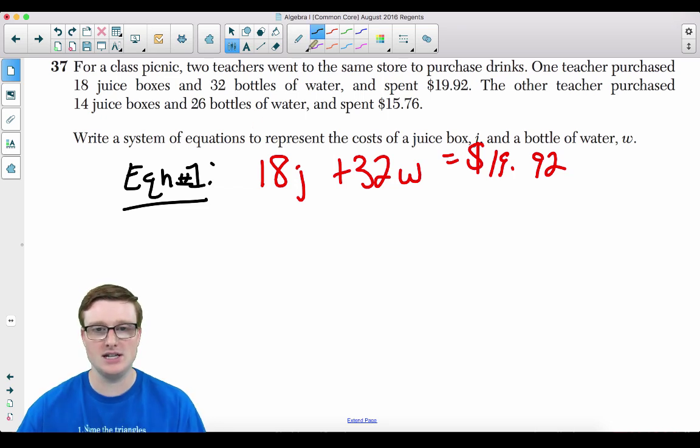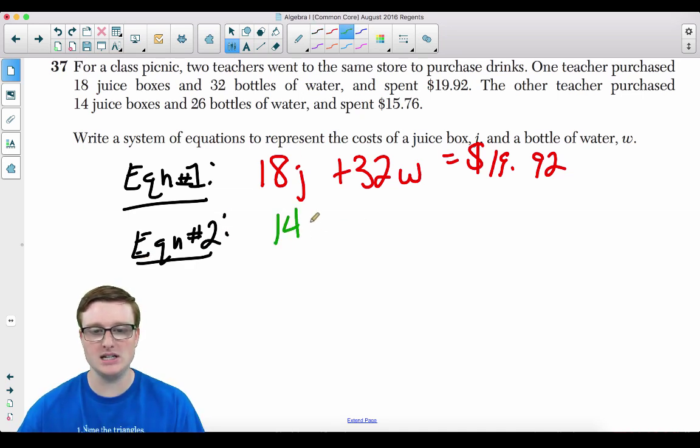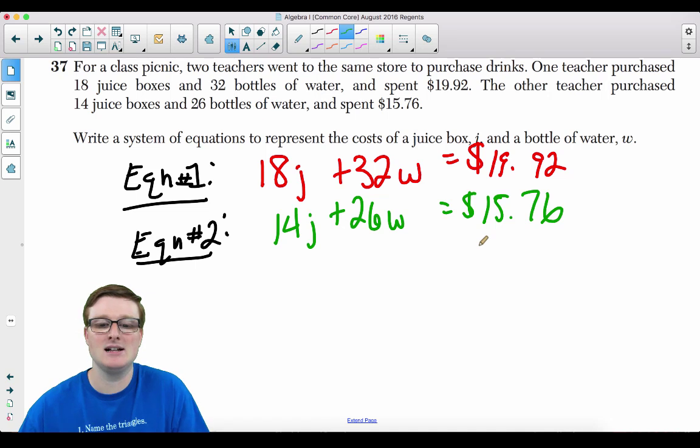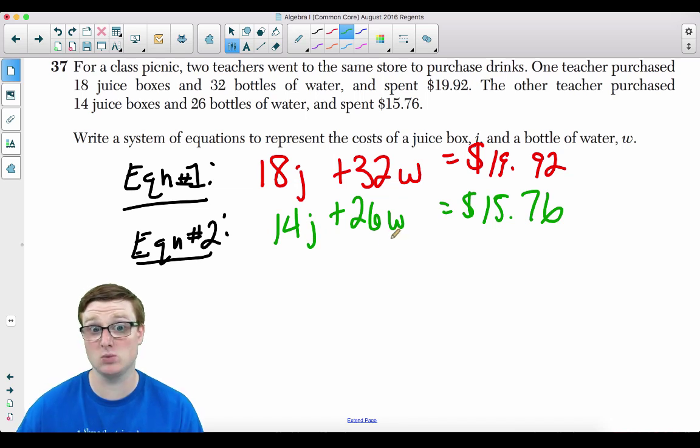Okay? And then the other teacher. So, equation number 2. So this is going to be 14J plus 26W is equal to $15.76. So this particular teacher, he spent $15.76 on 14 juice boxes and 26 water bottles.